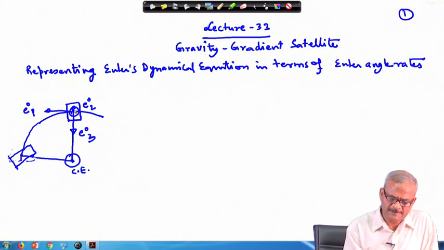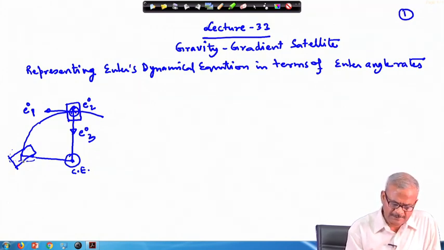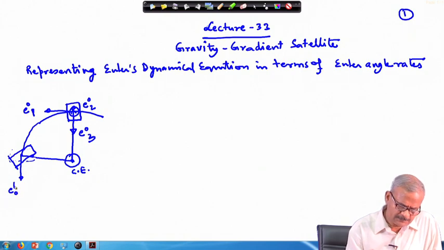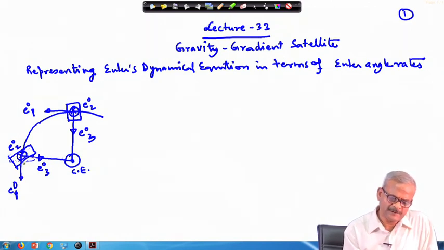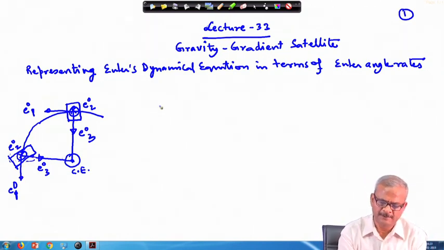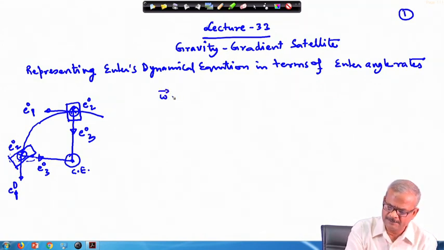If a body axis is attached to this satellite, here is your E01, this is E03, and similarly E02 is here. The orbital axis system itself has rotated and the body is rotating with respect to that. This we have earlier written as omega equal to omega r plus omega 0.